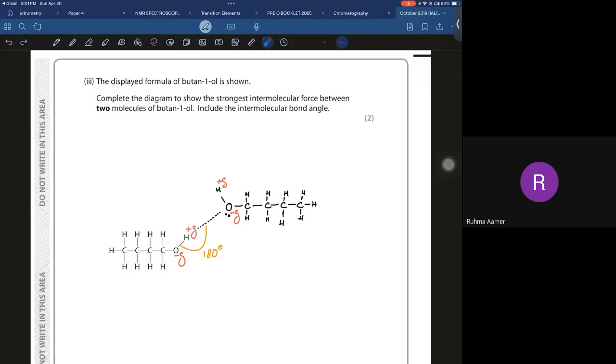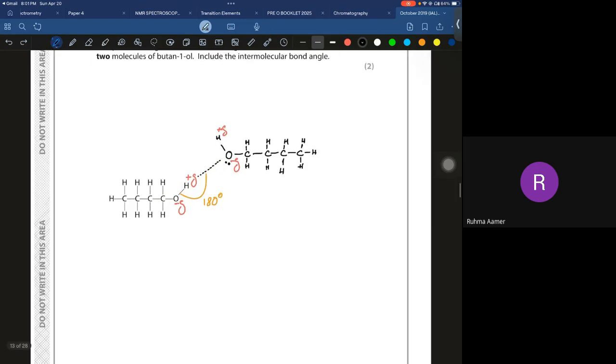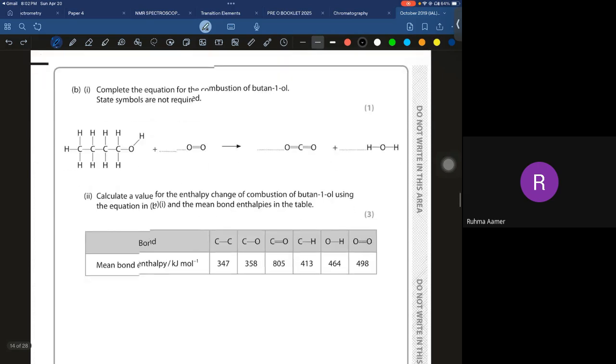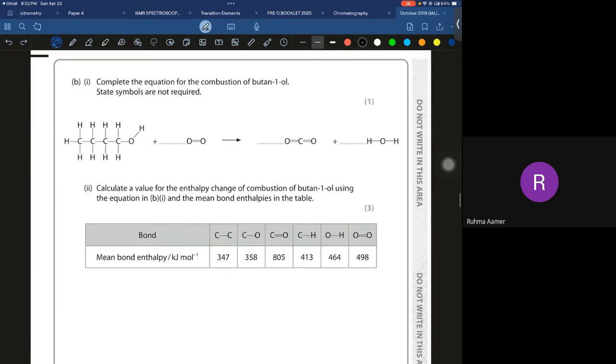They're asking about the one between the two molecules, right? Is it always going to be 180? That's why they have mentioned it. Okay. Is hydrogen bonding intermolecular or intramolecular? Intermolecular, it's a type of IMF.